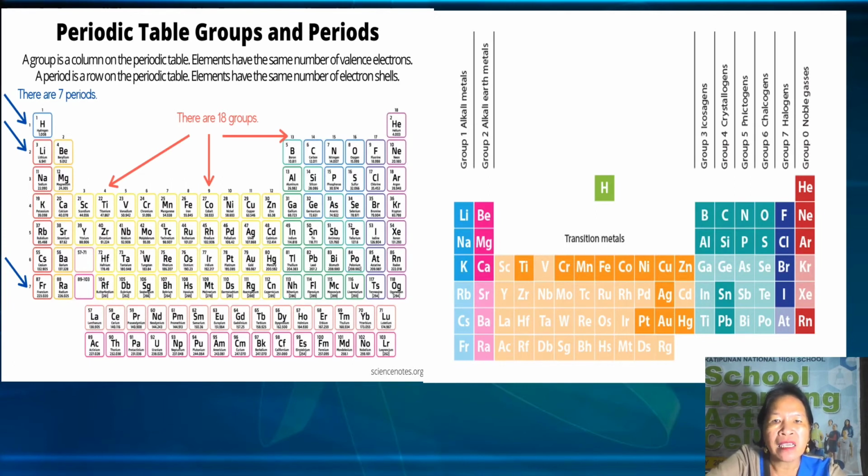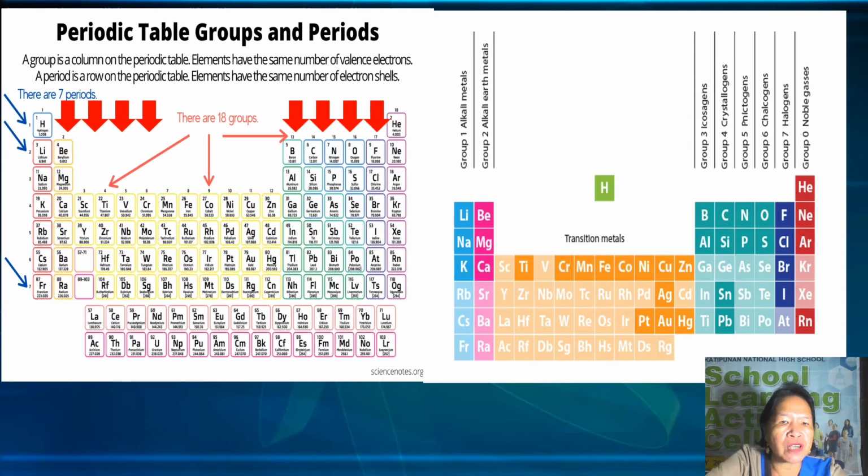But today, this family name is already converted into numbers, from column 1 up to column number 18. Thus, there are 18 groups already.